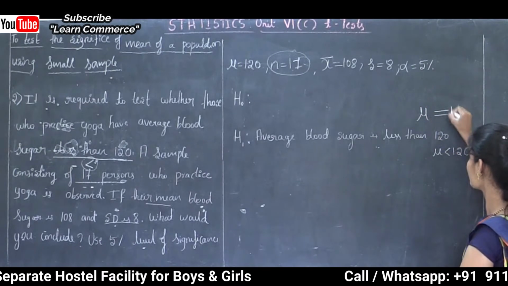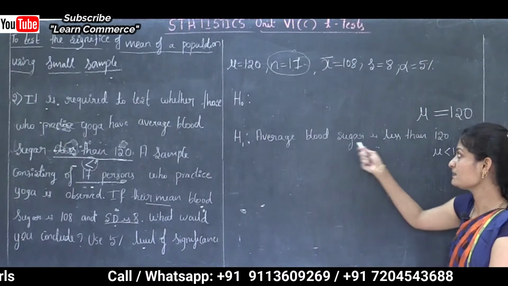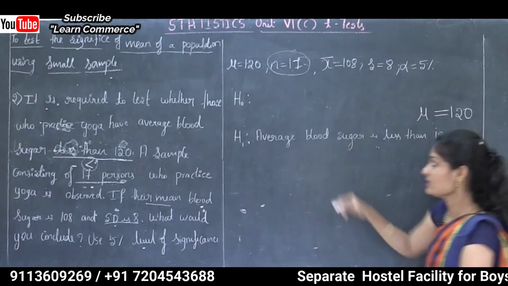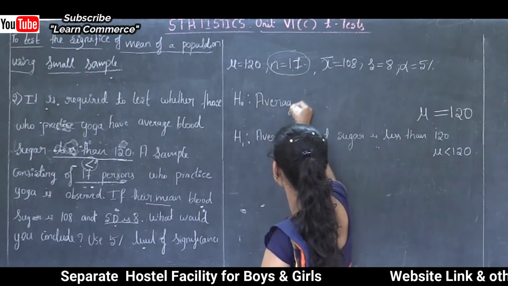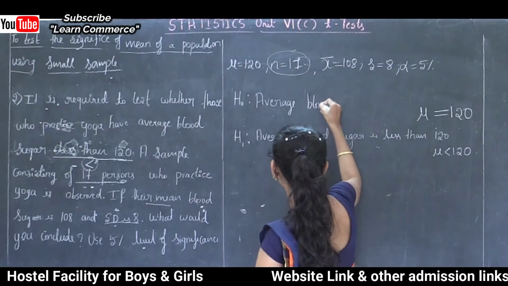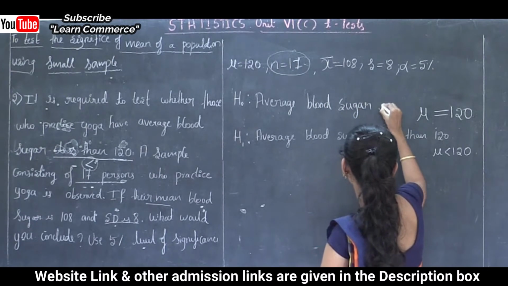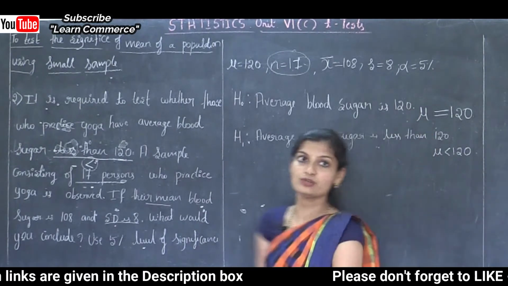So that is mu is equal to 120. When mu is equal to 120, average blood sugar is 120. So H naught is average blood sugar is 120, then we can say mu is equal to 120.